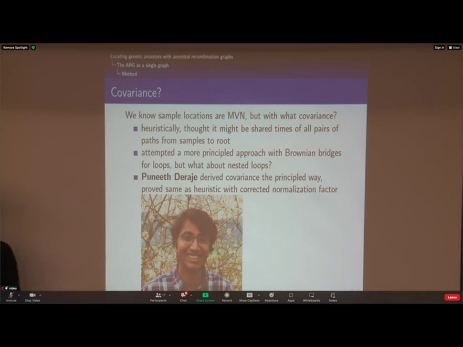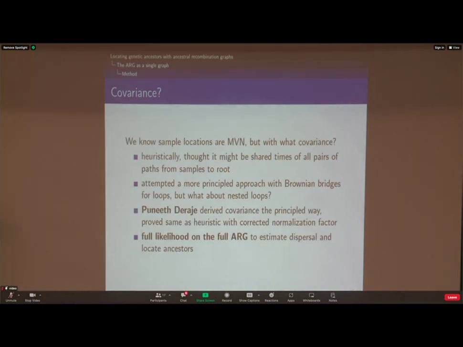Within a couple of months you had not only figured out in a principled way how to derive the covariance matrix for an arbitrary ARG, but also proved that it was equivalent to the heuristic we had thought of at the beginning, just with a slight tweak to the normalization factor.